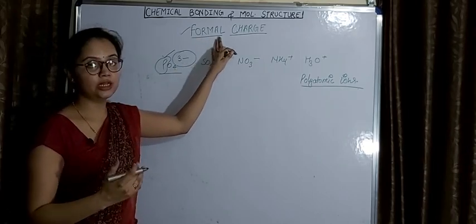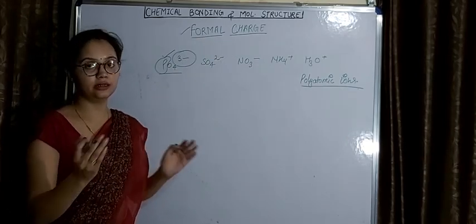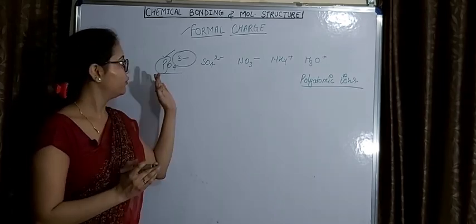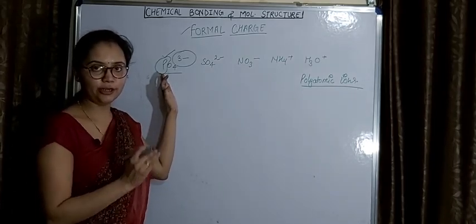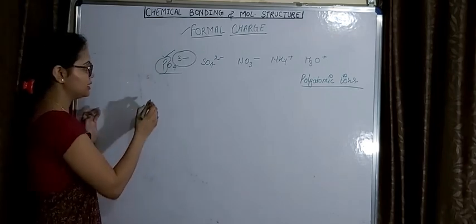So now the question is how we can calculate the formal charge of a particular atom in a polyatomic ion. So let's see.